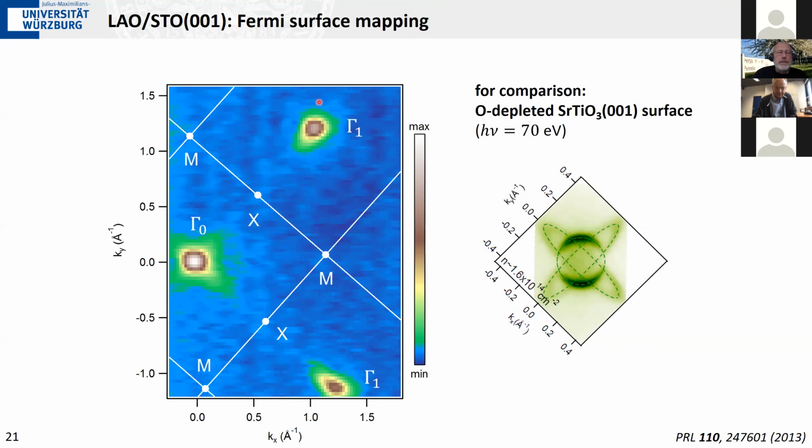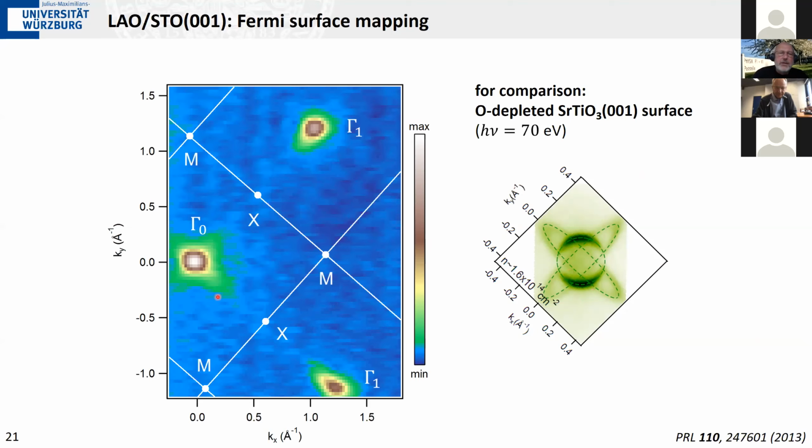Again, as I said before, the resolution is limited in these high energy experiments. For comparison, I show on the right hand side the Fermi surface that we have measured on oxygen depleted STO with low energy HAXPES, where you can see all the fine details of the various d bands, the t2g bands in the surface there.